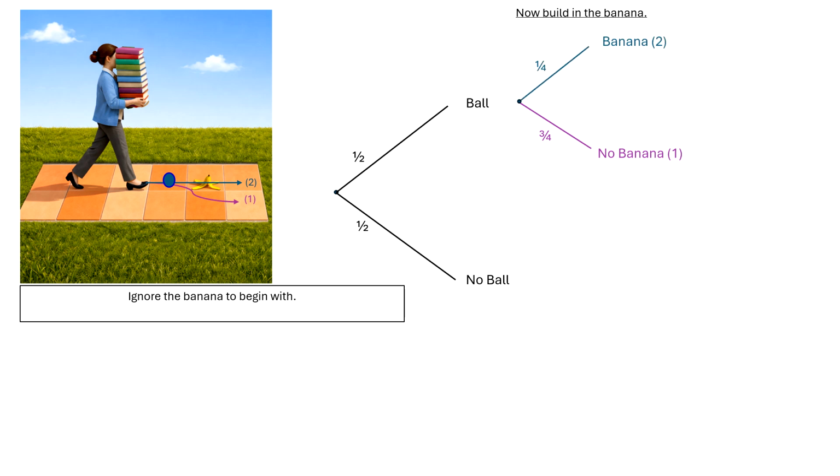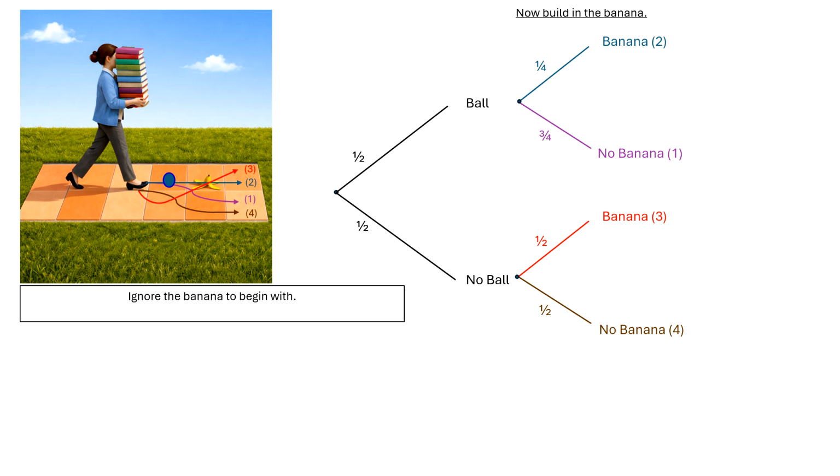And of course, if she doesn't trip over the ball, then like before, there's a 50-50 chance she does trip over the banana. So if she doesn't trip over the ball, she could either trip over the banana, 50% chance, 1 in 2 chance, or 1 in 2 chance she doesn't trip over the banana. And now we've got our probability tree with all the combinations of possibilities shown.